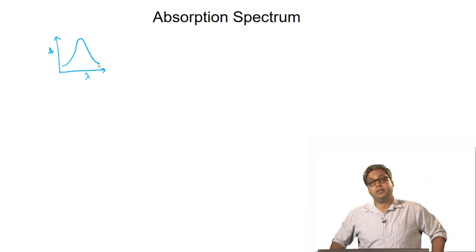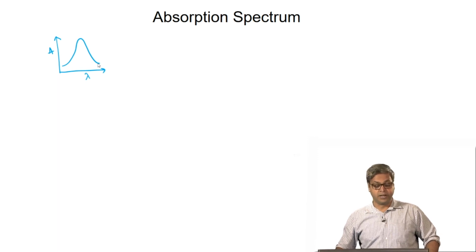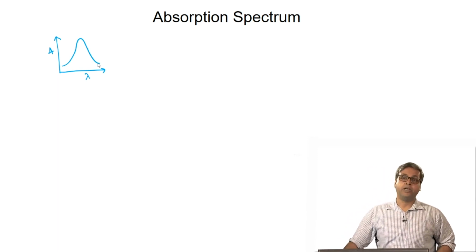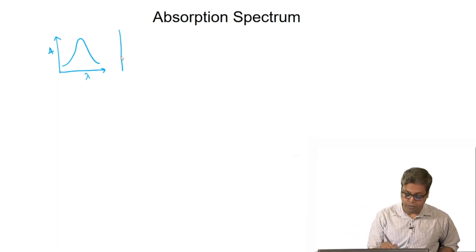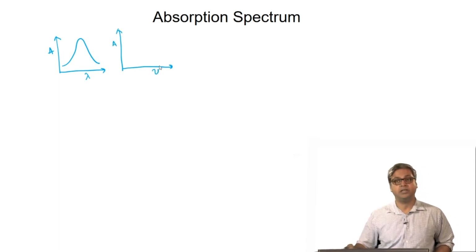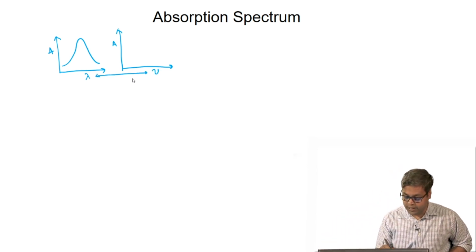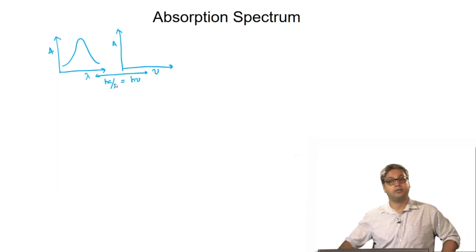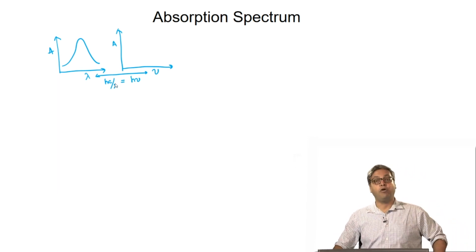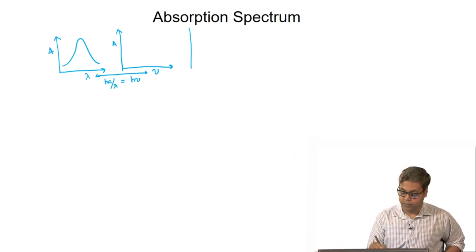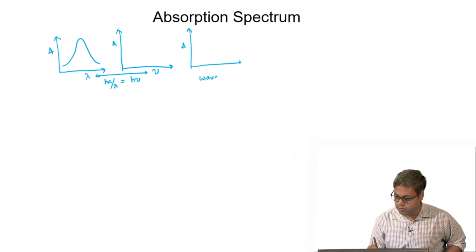Although conventionally absorbance is plotted against wavelength, we can also plot absorbance against frequency, as these are interchangeable. So, we can write h nu equals h c by lambda. Moreover, we can also plot absorbance against wave number.